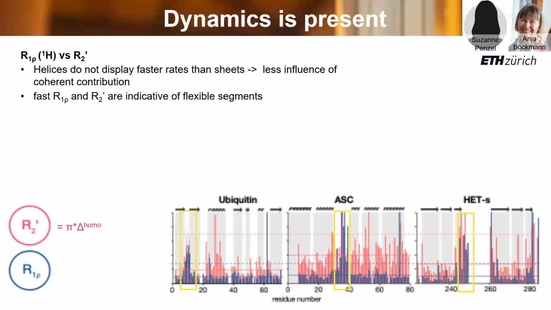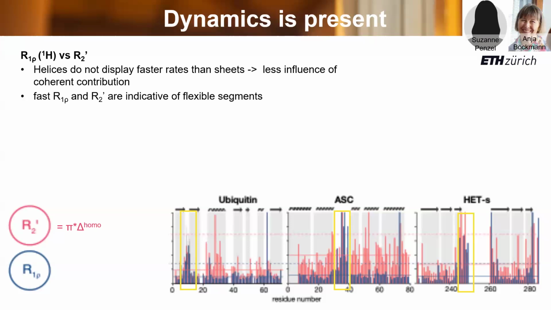But what is interesting is that when we have fast R1rho and R2', here around residue T9 in ubiquitin, around residue 36 in ASC, or 246 in ETS, all these regions are dynamic. So both fast R1rho and R2' are indicative of flexible segments.